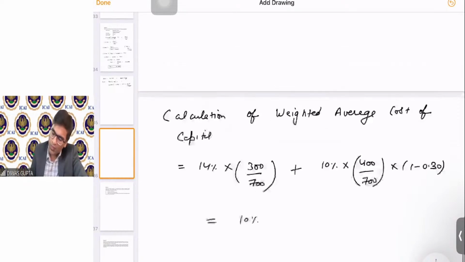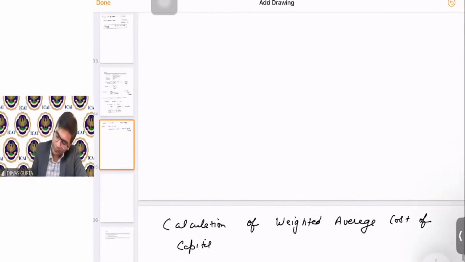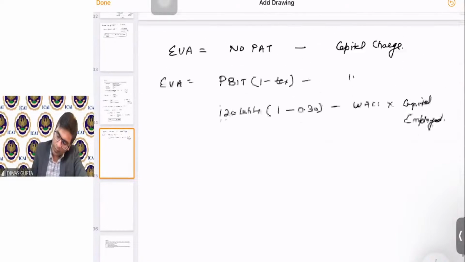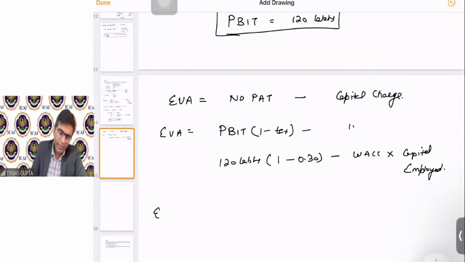So finally, EVA can be rewritten as from 120 lakhs, we can reduce tax: 120 into 0.7, 84 lakhs, minus WACC of 10% on the capital employed of 700 lakhs.